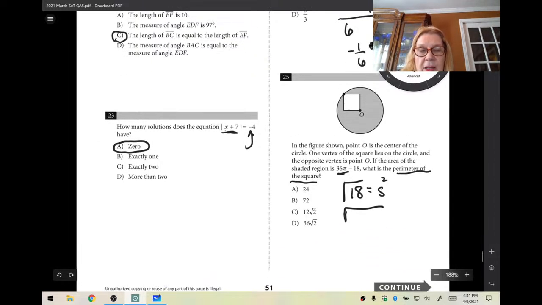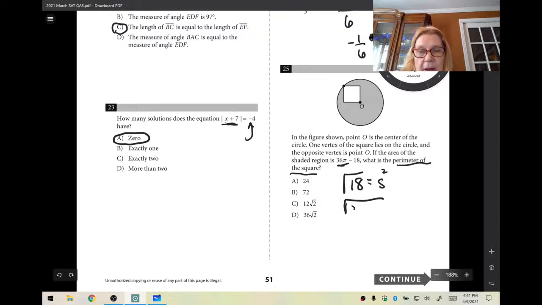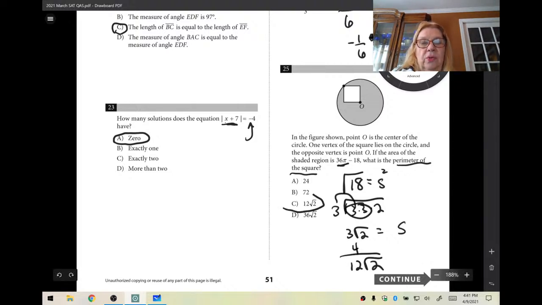From our radical lesson, we have 9 times 2, so we can take out a pair of 3's. So one side of the square is 3 square roots of 2, but we need 4 of those to go all the way around the square. And so the perimeter of this square will be 12 square roots of 2.